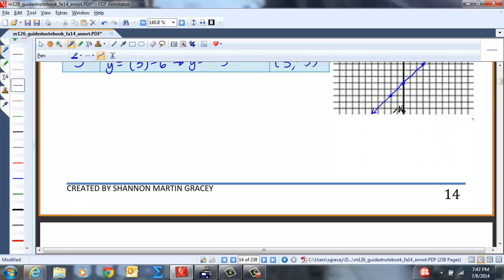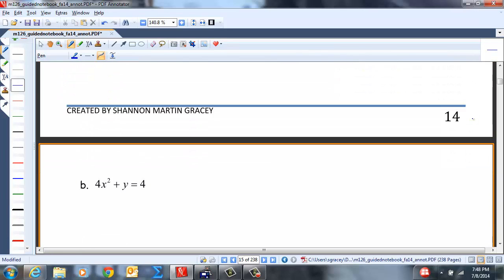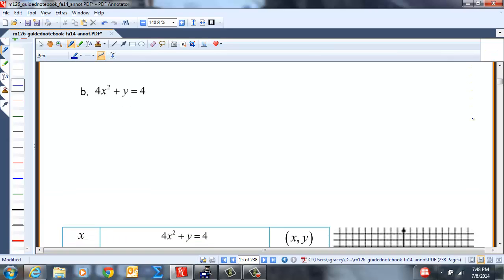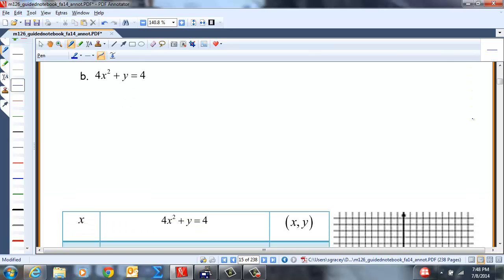So next up, let's see what we have. So this one, same stuff. It's going to be a curve this time. We've got that x squared going on. So let's find our intercepts, if any. So the x-intercept, again, we are going to let y equal 0 in the equation. So this gives us 4x squared is 4.